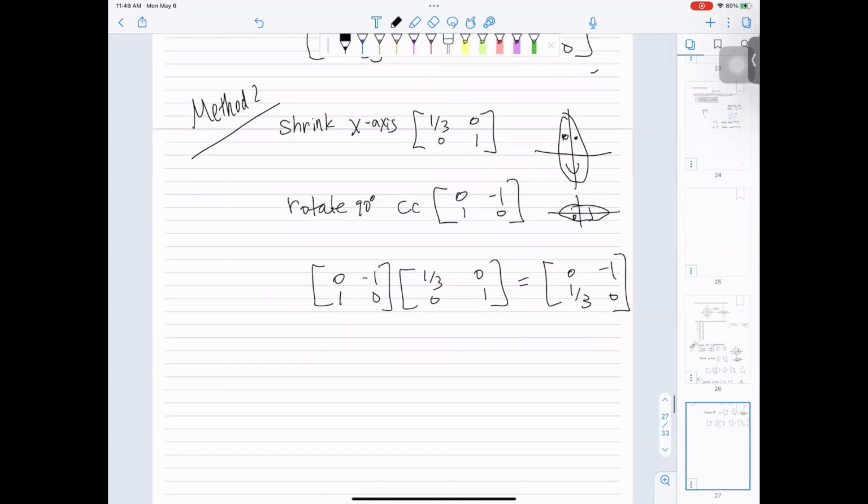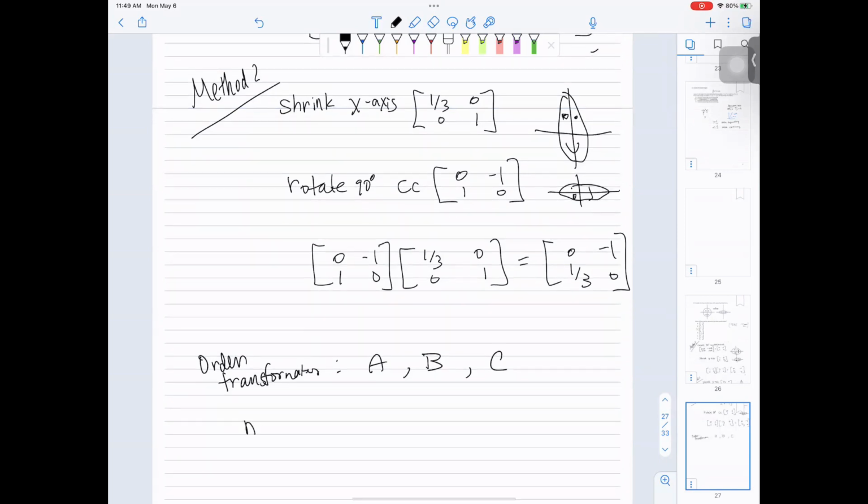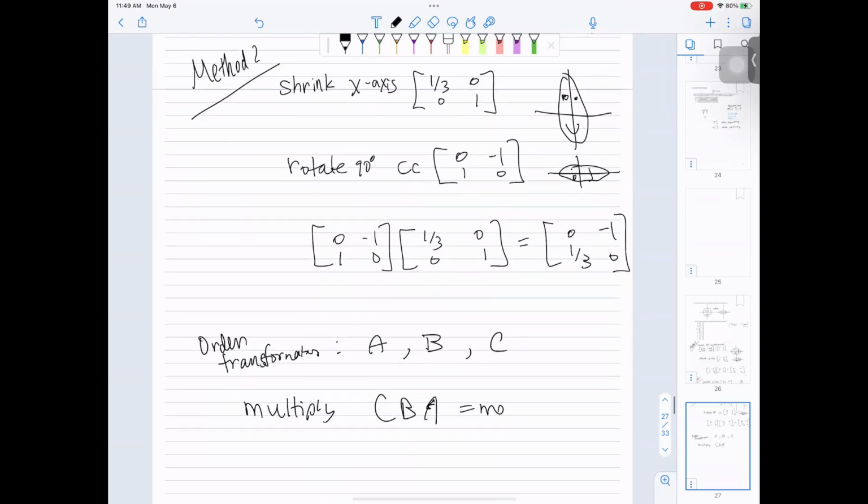So if your order of transformations was that you did some A first, then B, then C, you should multiply like C, B, A. This will be your matrix. So multiply them starting from the right to the left. Whatever you did first is on the right, whatever you did last is on the left.